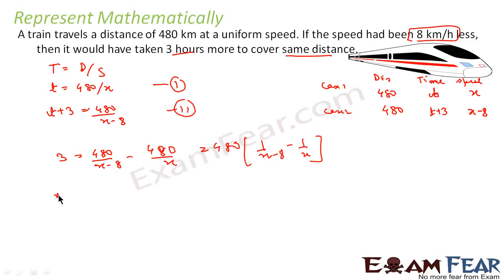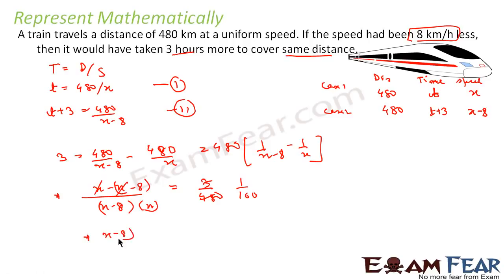This becomes 3 by 480, which is 1 by 160, and it simplifies to 8 over x into x minus 8. So x minus 8 into x is equal to 8 into 160.